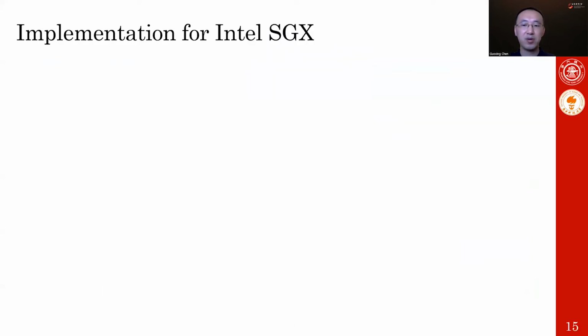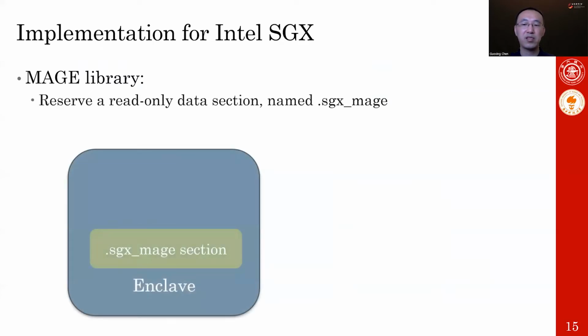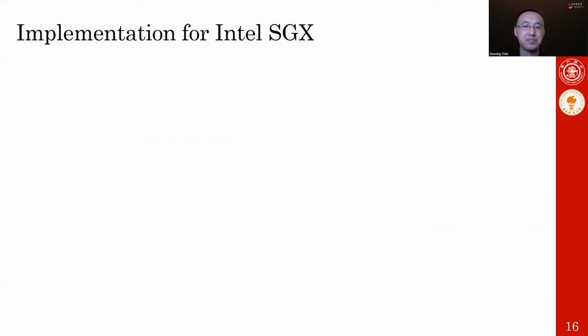We provide a prototype implementation of MAGE for Intel SGX by extending the Intel SGX SDK. Specifically, it consists of 3 components. The first is a MAGE library. When included, it will reserve a read-only data section named SGX_MAGE to store the intermediate hashes. It also provides APIs for deriving measurements from this section.